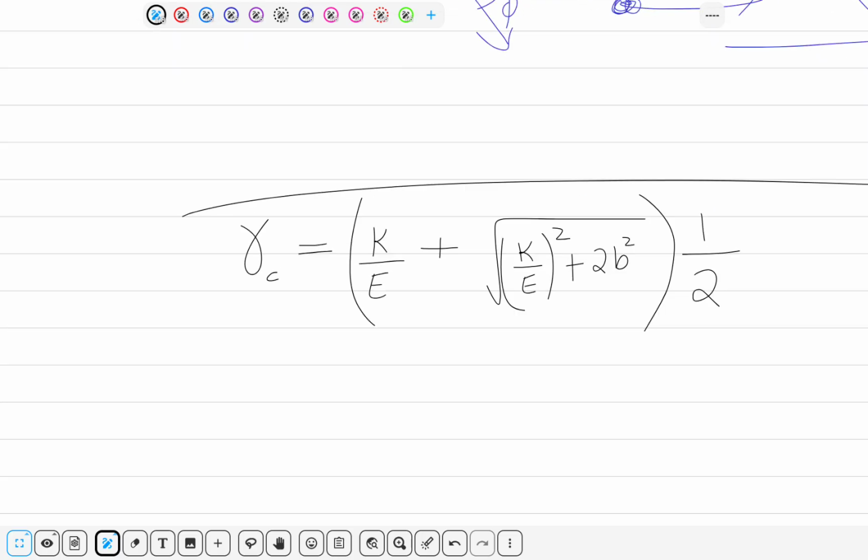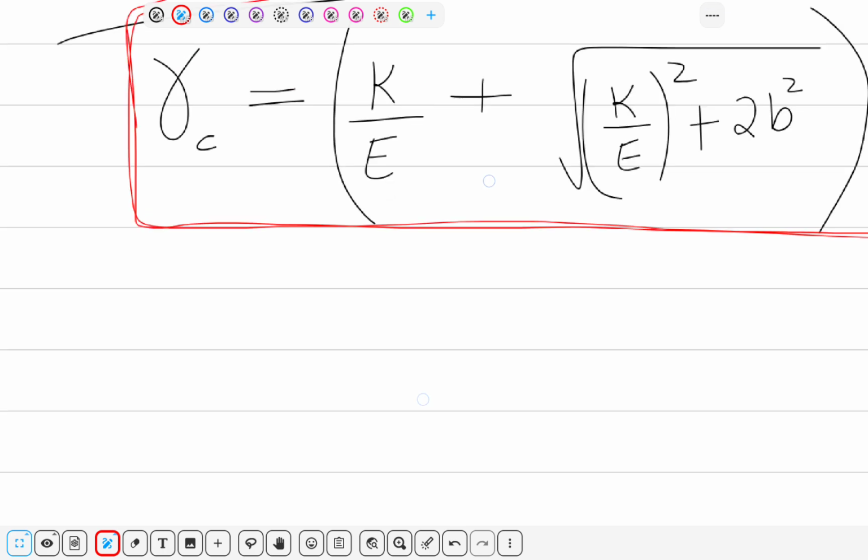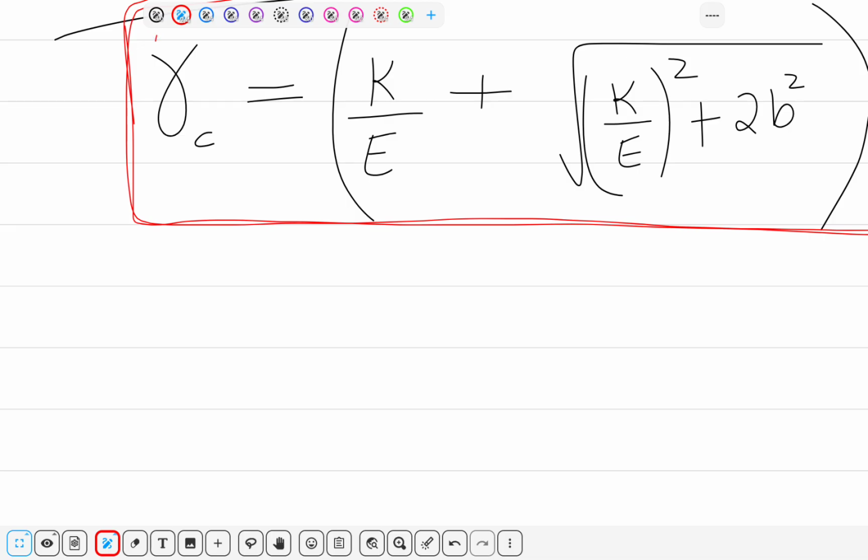Now, what I have to do is, I know the angular momentum value, which is L equals 2m B U.